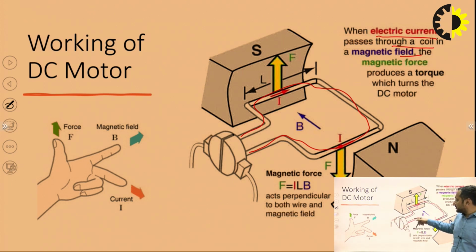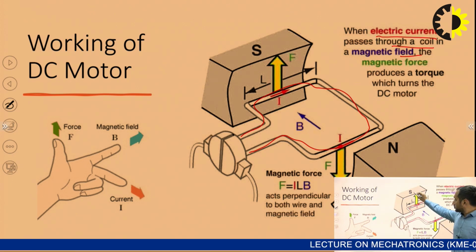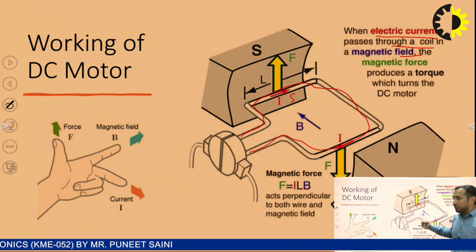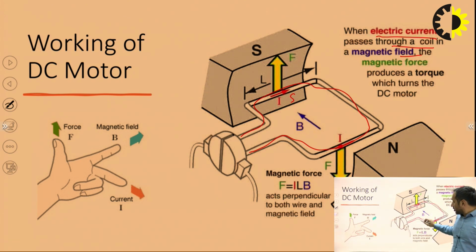So if this is a south pole, for some time this will also become a south pole, and south poles will repel each other, and this armature will start to move. So when electric current passes through a coil in a magnetic field, the magnetic force produces a torque and it starts to move. It produces a torque which turns the DC motor. So it starts to move like this.